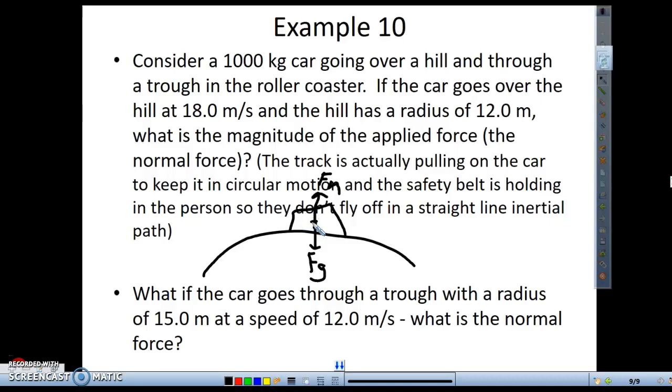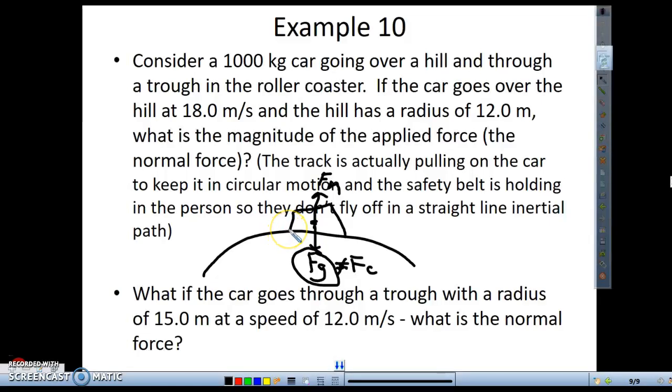Now, if you're flying over this at a certain speed, think about what would happen if gravity, F sub g, was not enough. That's a not equal sign. Not enough to provide the centripetal force. If gravity was not enough to provide that centripetal force, what would you do?